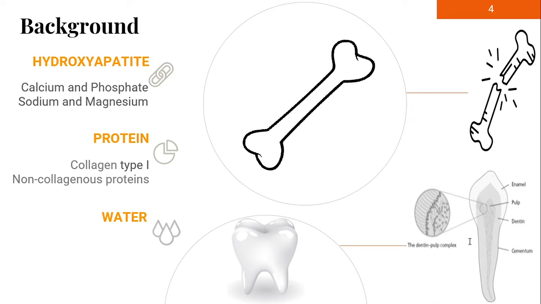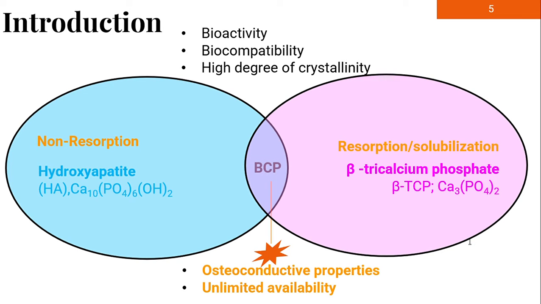There are many materials used to repair these injuries. Among them, there are two distinct compounds, hydroxyapatite and beta tricalcium phosphate. They are both bioactive, biocompatible, and have a high degree of stability.